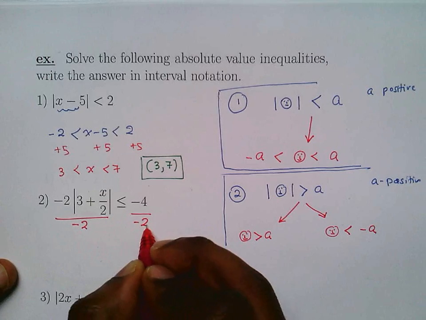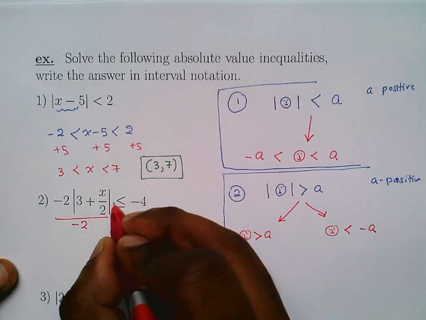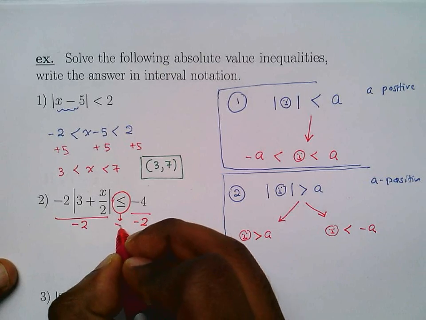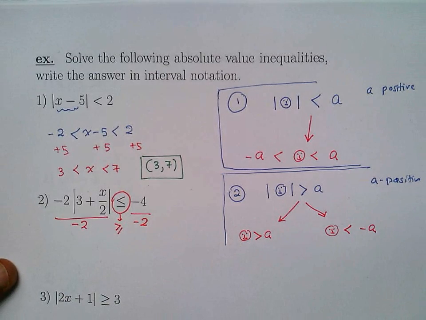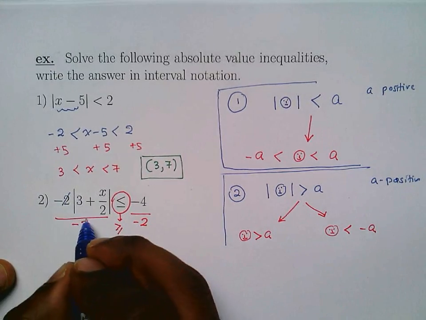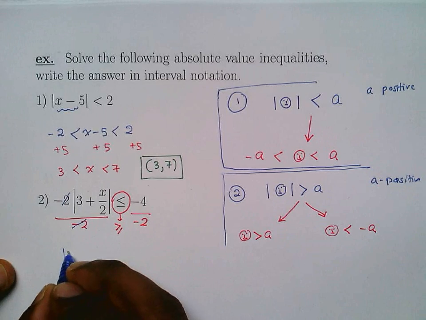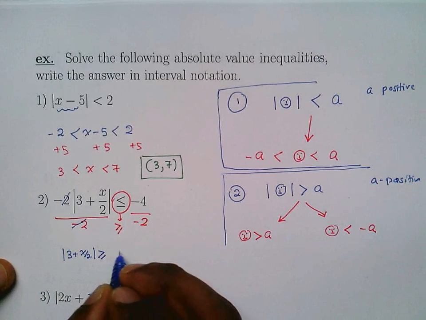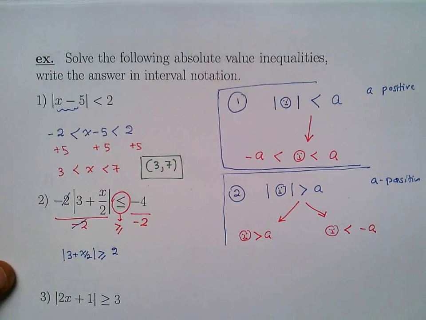Now the regular rules of inequalities apply. So this becomes less than or equal to, because we are dividing by a negative number. Okay, now let's see what happens. So this is gone, and we have the absolute value of 3 plus x over 2 greater than or equal to 2.